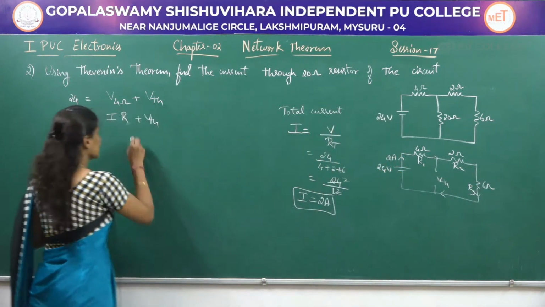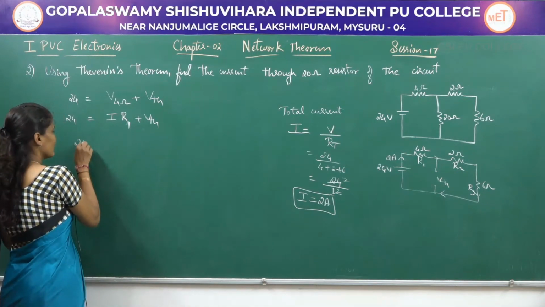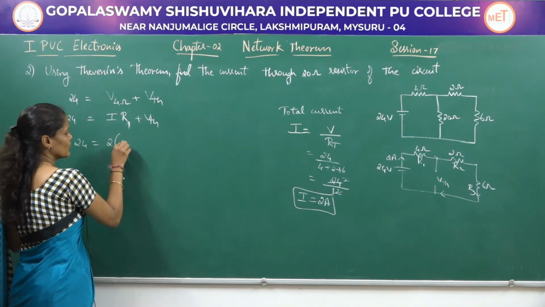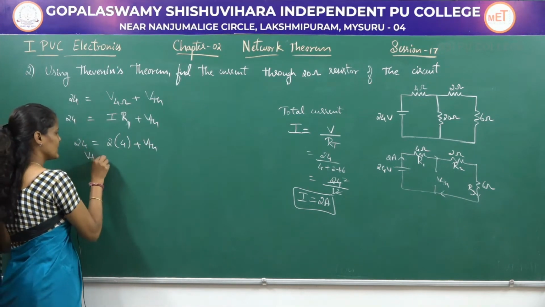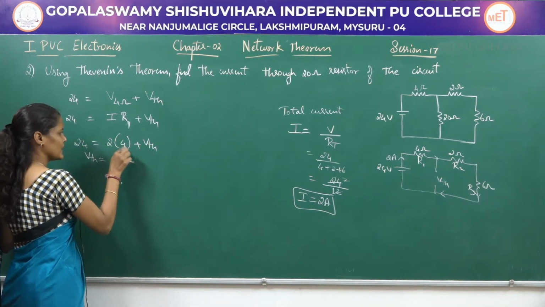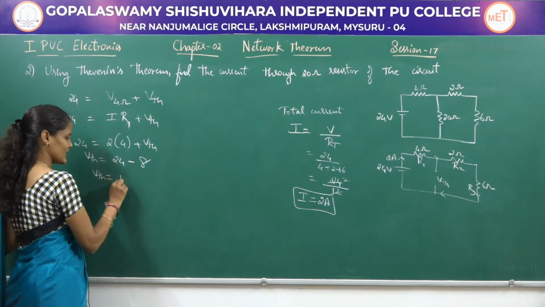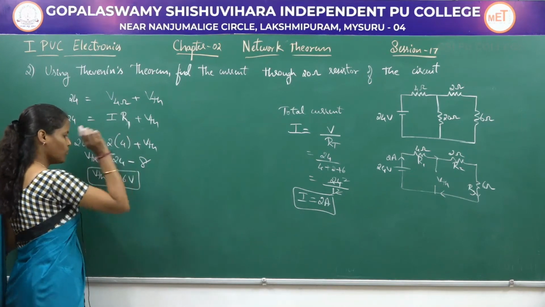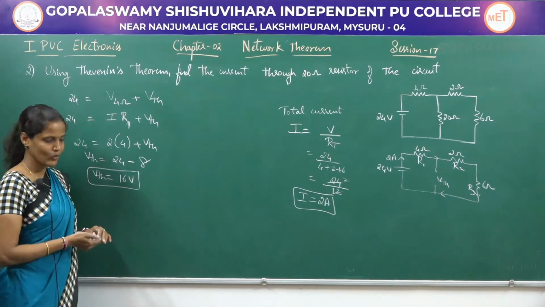So 24 is equal to I into R1, so 24 is equal to 2 into 4 plus Vthevenin. So Vthevenin is equal to 24 minus 4 2s are 8. So Vthevenin value is now equal to 16 volts. Clear? So 24 minus 8 gives me 16 volts.